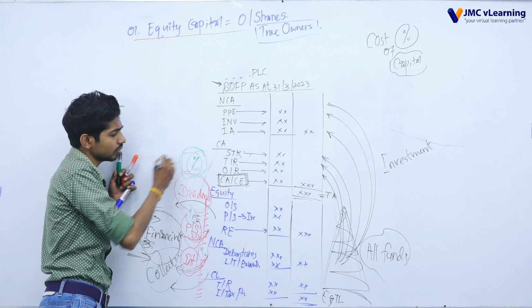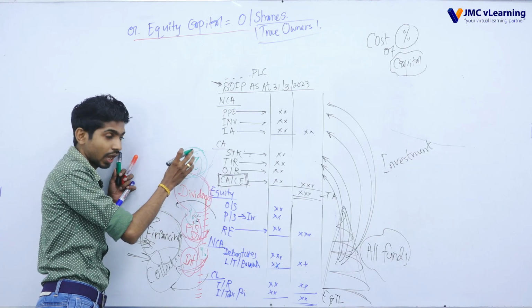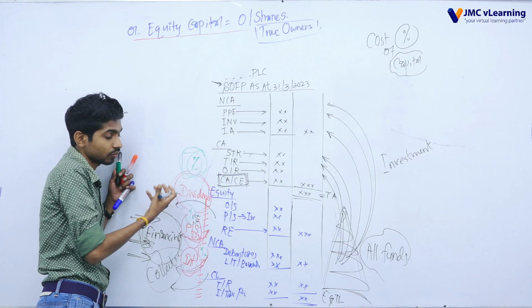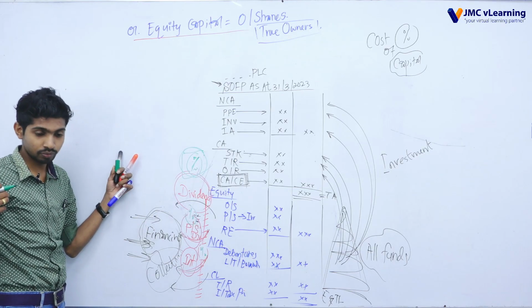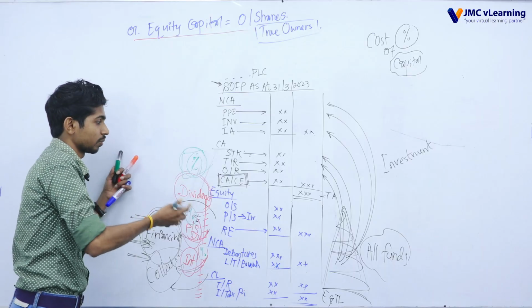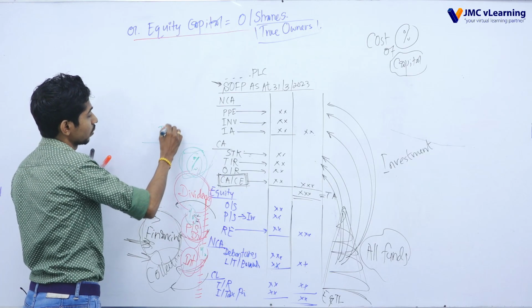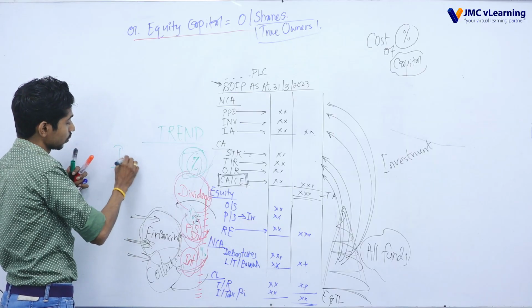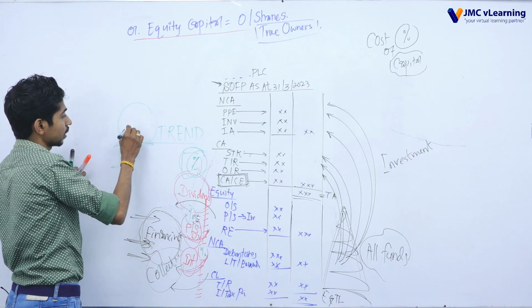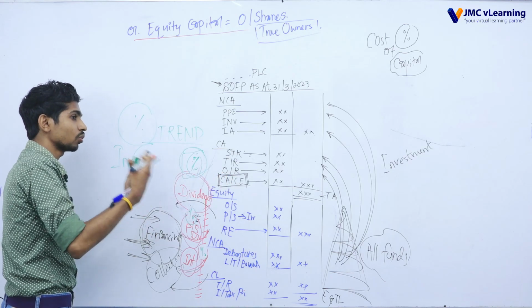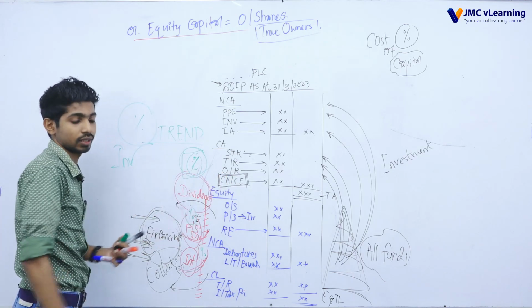Then we also have to look at what percentage we will pay as dividend to equity holders. Future investors also look at the historical background, that is the trend. Then the investor looks at the historical pattern, and if it is possible to earn more than that, I will invest there.